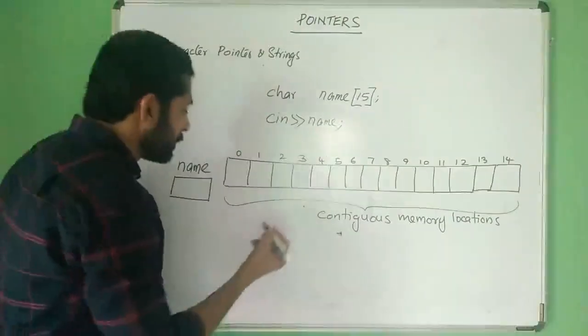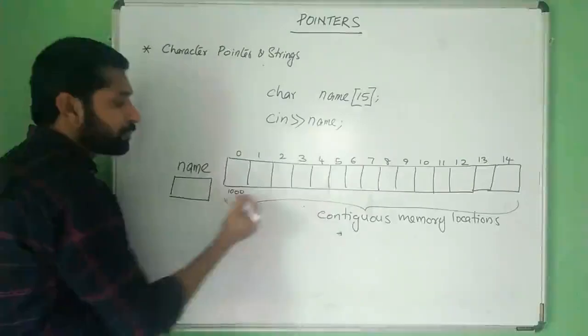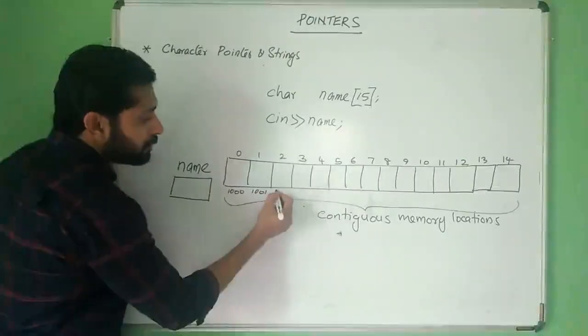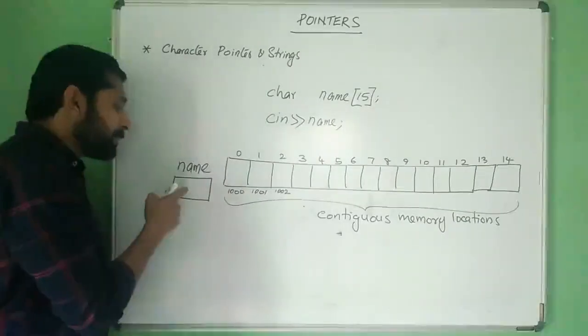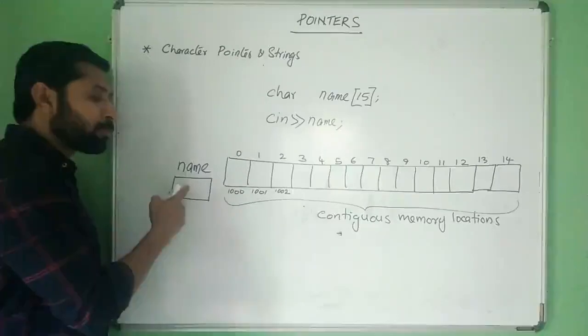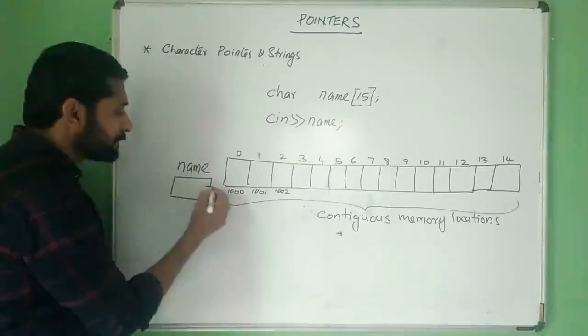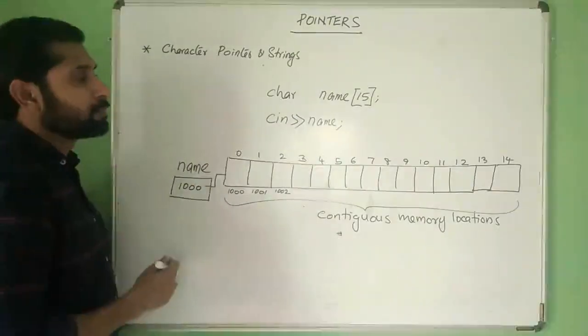In RAM, suppose the address of this first byte is 1000. This will be 1001, this is 1002 and so on. We know that an array name itself is a pointer, so this will point to this area, which means this contains 1000.